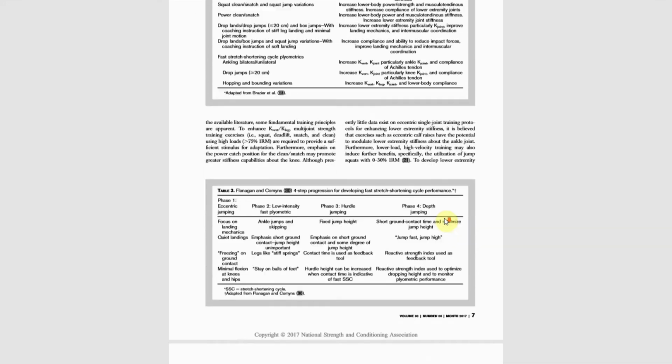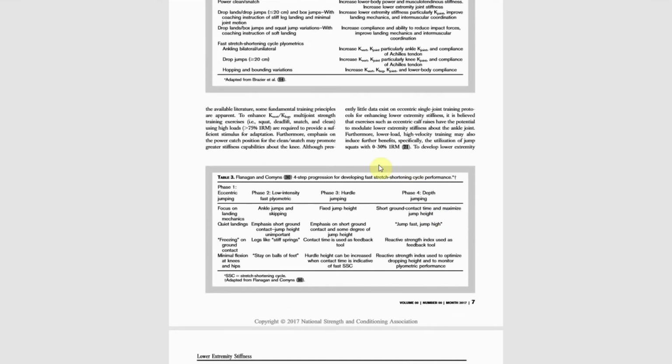And finally, it's important for the strength and conditioning coach to understand the optimal technique for improving lower extremity stiffness. If there is excessive flexion at the ankle, knee and hip, the moment arm of the vertical ground reaction forces will increase and therefore stiffness will decrease.